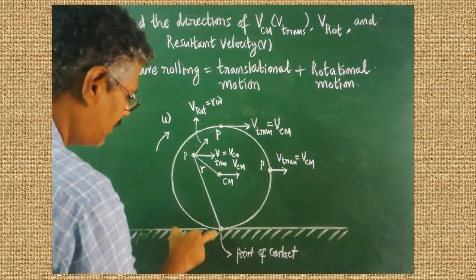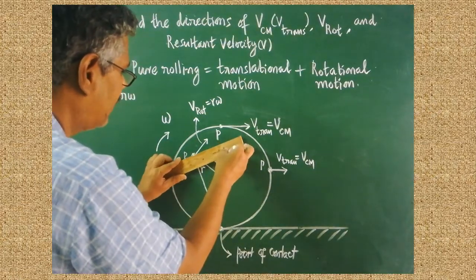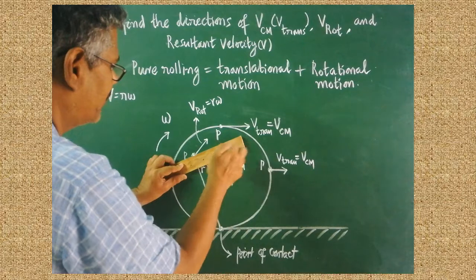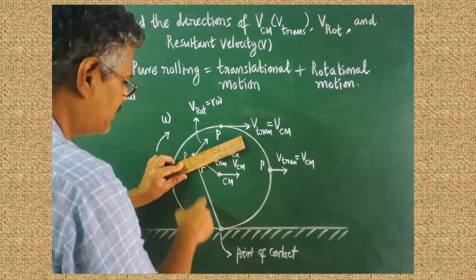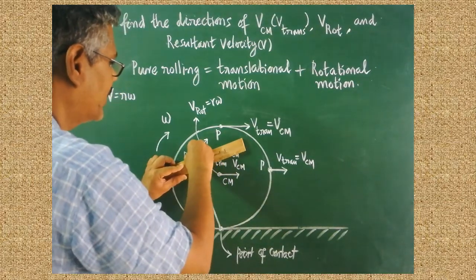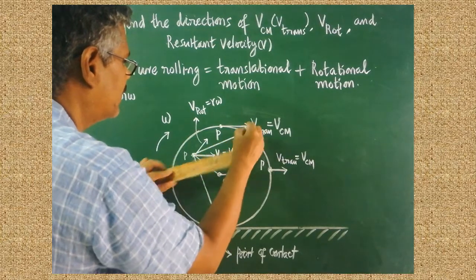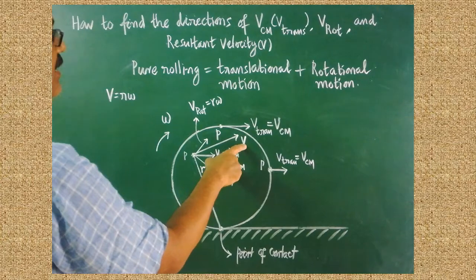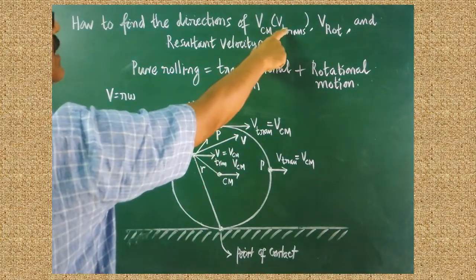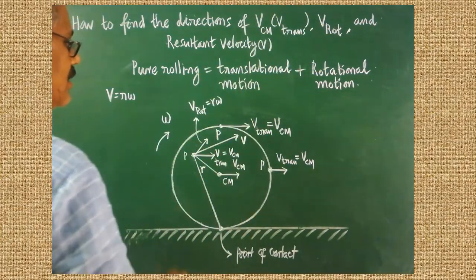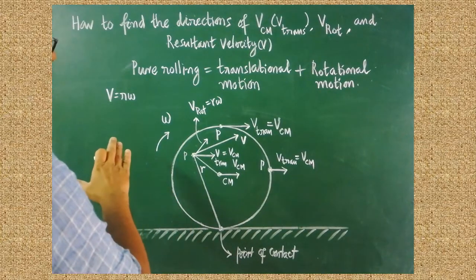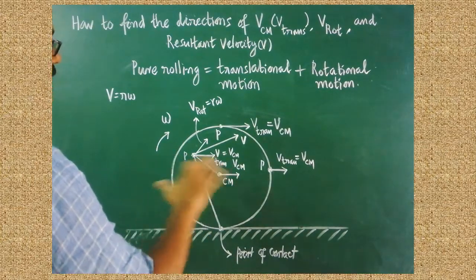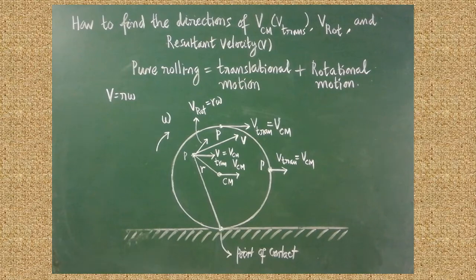Now I have to draw one perpendicular line to this particular line. That gives you the direction of V. This is the direction of the resultant of both V translational and V rotation. Don't forget, I have explained all the directions of all the velocities. Be thorough with this.